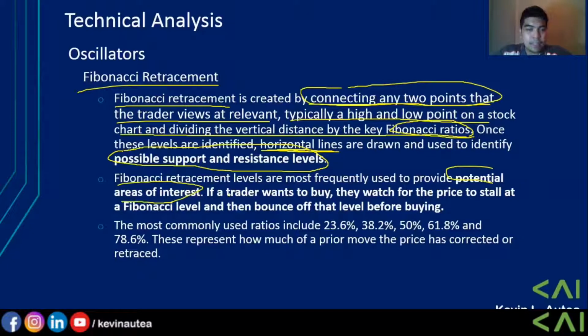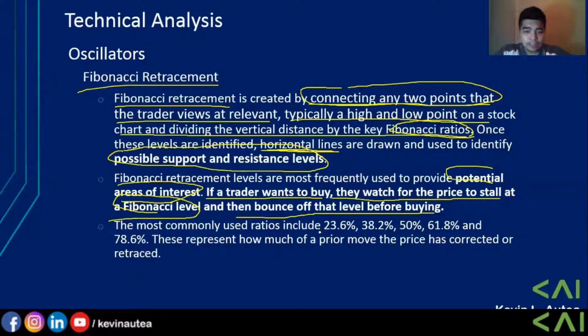Now, here's the idea. If a trader wants to buy, they watch for the price to stall at the Fibonacci level, meaning it will rest at the level and then bounce off the level before buying, laying onto the level and buying at the bounce of it, or if the price goes up.